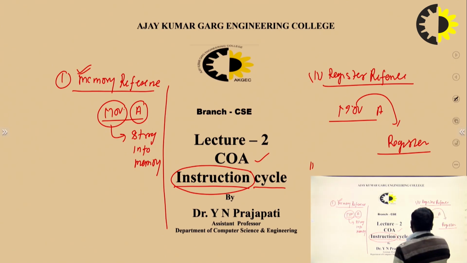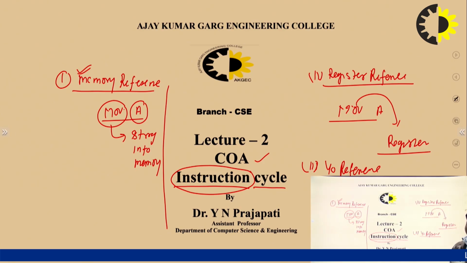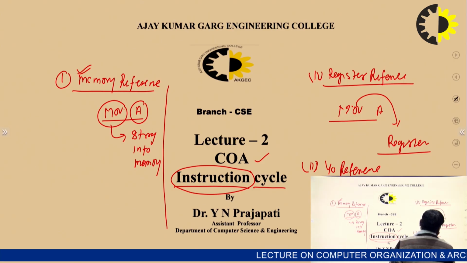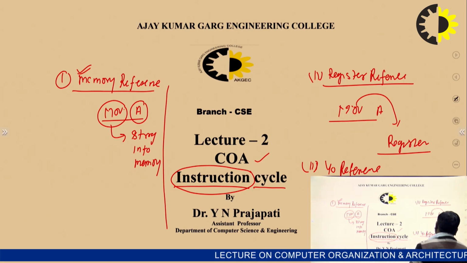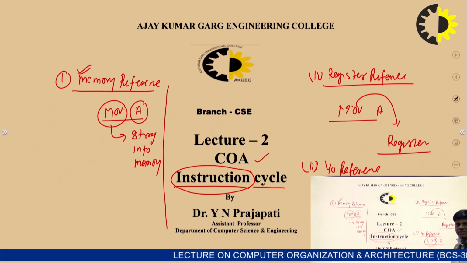And the third one, which is very simple, is IO reference. In IO reference, instructions are executed from an input or output device. Taking another example, LDA X, load X, that is the instruction.